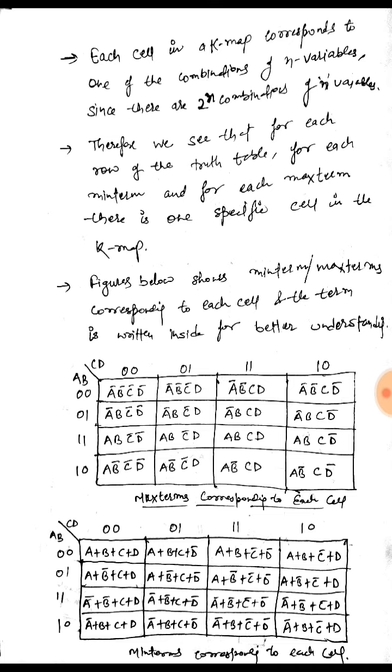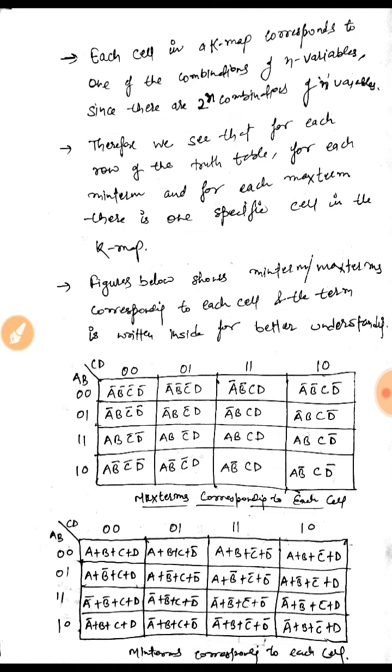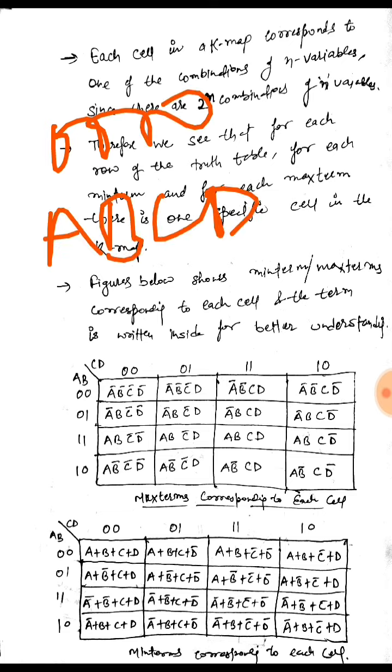Similarly, we can find the min terms, which is a sum term, and for 0 it will be the uncomplemented form, and for 1 it will be the complemented form. Because we need to make the sum term 0, for a, b, c, d, that is 0 0 0 0, it would remain a plus b plus c plus d.